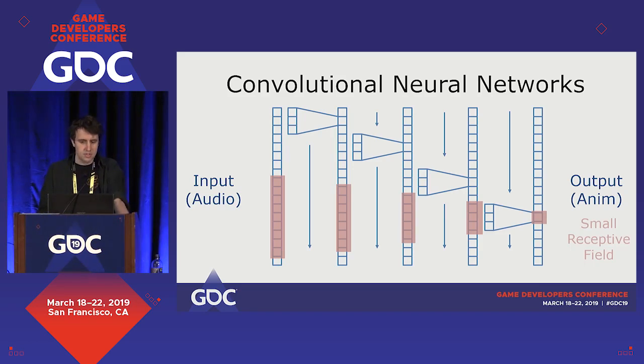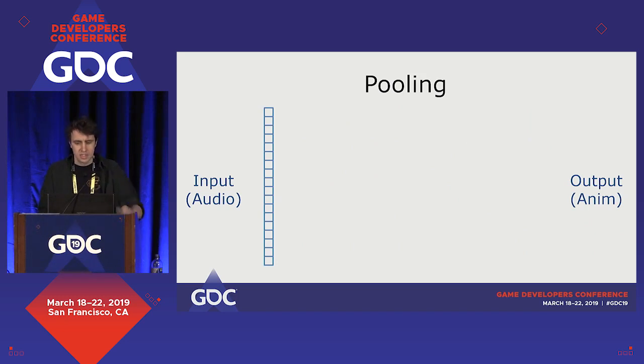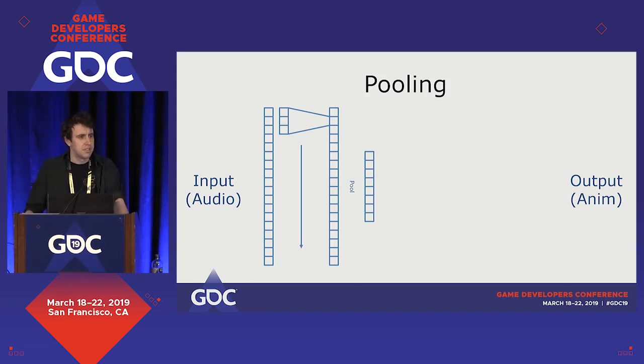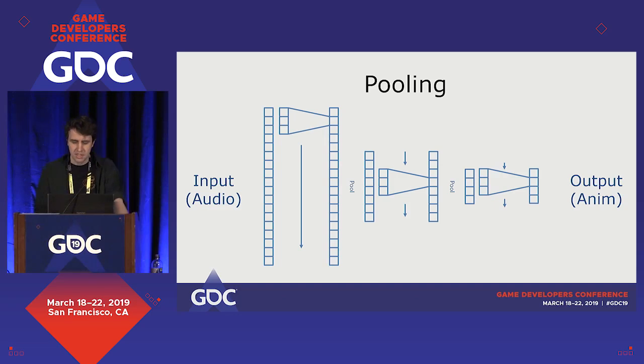So the kind of typical way people have tried to fix this is with something called pooling. And the idea is this: you have your input, you do a convolution, and then you do a pooling, which basically reduces the temporal resolution. So you can take an average of consecutive cells, or you can also take a max of consecutive cells, but basically you're reducing the resolution on this axis. And then you do convolution again, you do pooling again, and you end up with something like this.